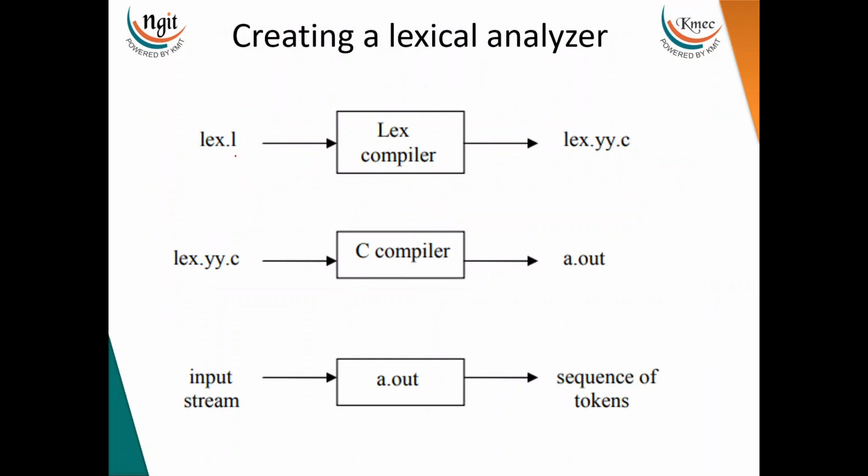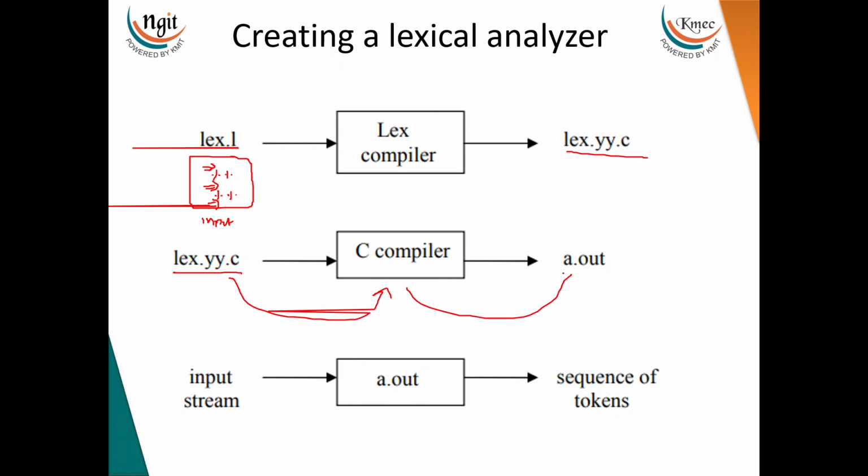Now, while you are creating a lexical analyzer, first you open a lex input file, which has the three sections: definitions, rules, routines. The file name has the extension .l. The lex compiler will give you lex.yy.c. If you give lex.yy.c to the C compiler in Linux, it will generate a.out, because lex is for Linux and flex is for Windows.